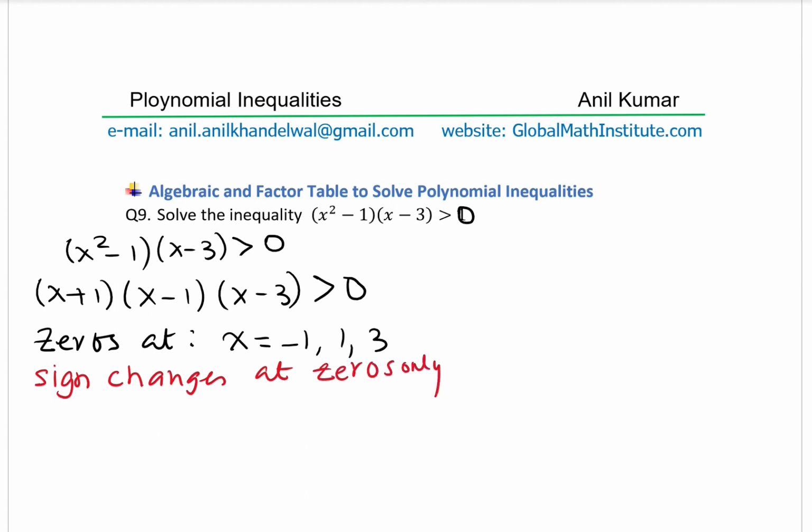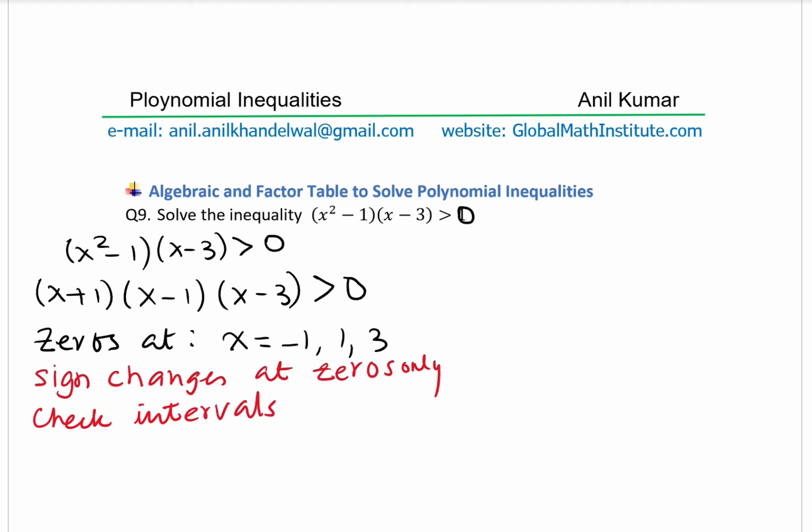Perfect. It may or may not change. If it has an even degree zero, it will not change, right? So that is kind of important. So what we need to do is we need to check intervals. So that is the concept.